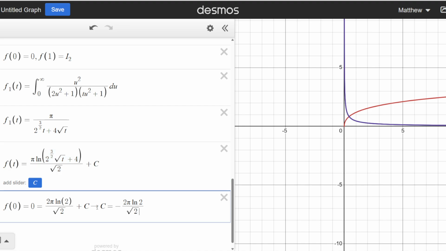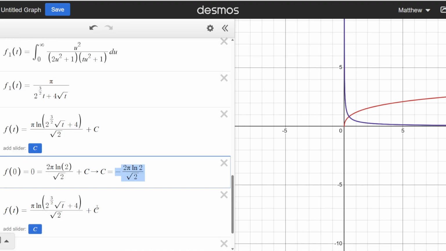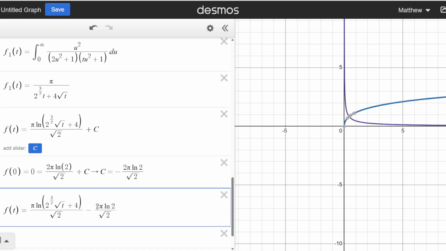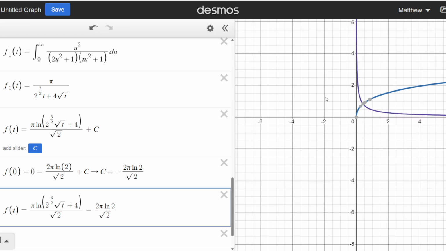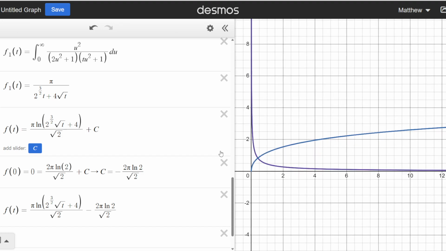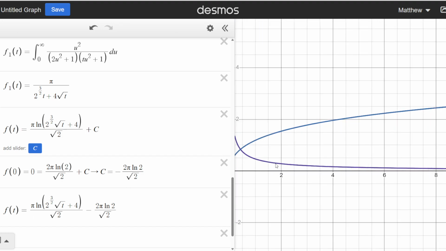So our f of t is now this, and it is. You can see that matches up perfectly in our graph. Let me zoom in here so you guys can see that a little bit better.